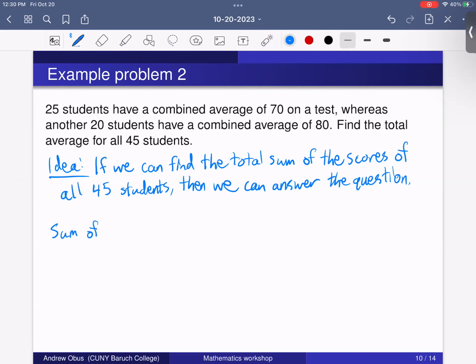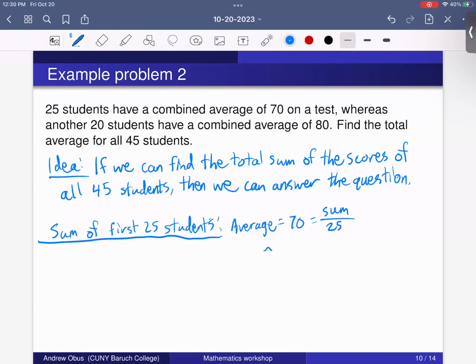Right. So the sum of the first 25 students, how do we figure this out? You're completely right. Let me just write what you were doing. We know that the average is equal to 70, which is equal to the sum divided by 25. And so this tells us that the sum is equal to 70 times 25, which is equal to 1,750. Great. The same is done for the 20 students.